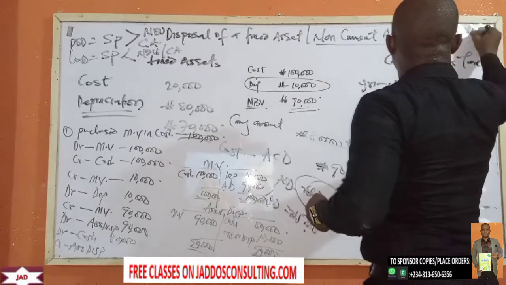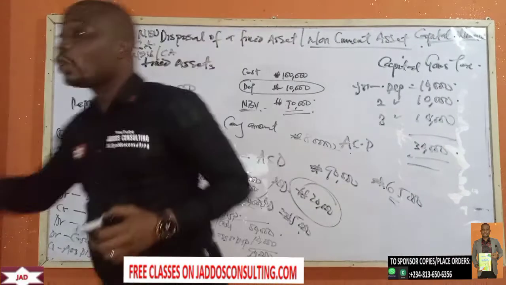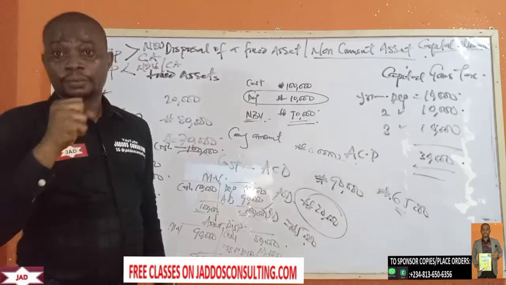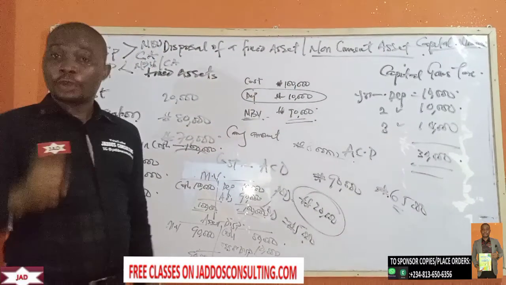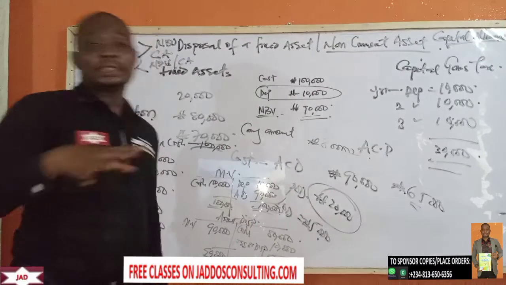So capital allowance is what the tax man is telling you to adjust or take out of the profit that is being assessed to tax before you arrive at the taxable income.